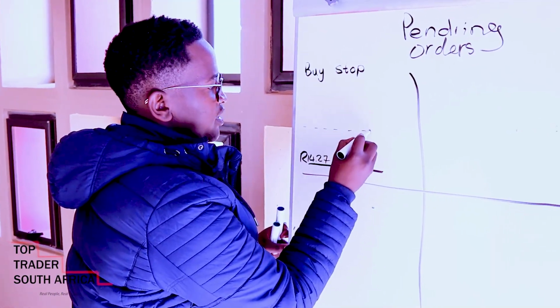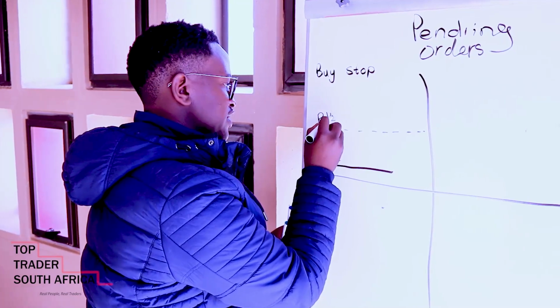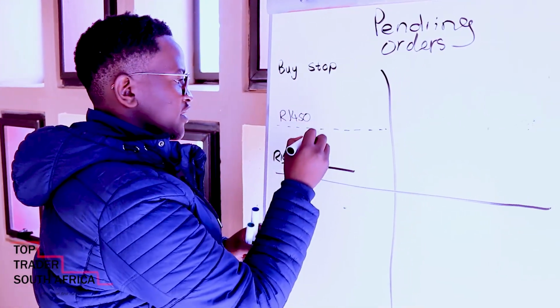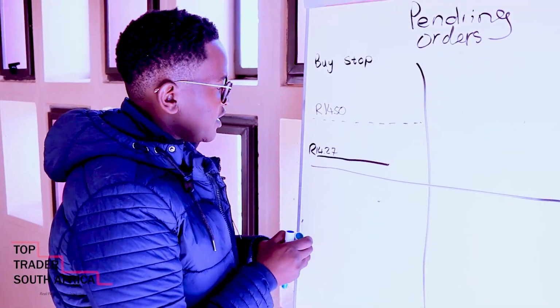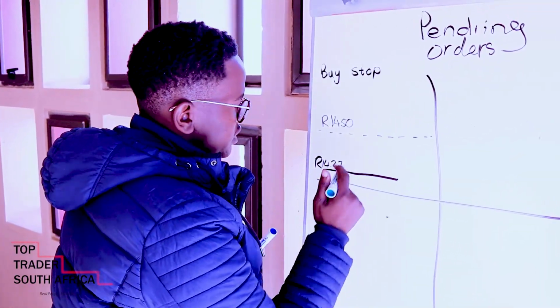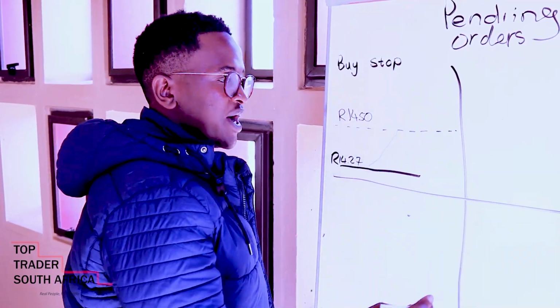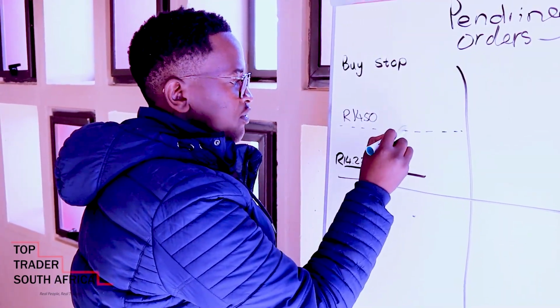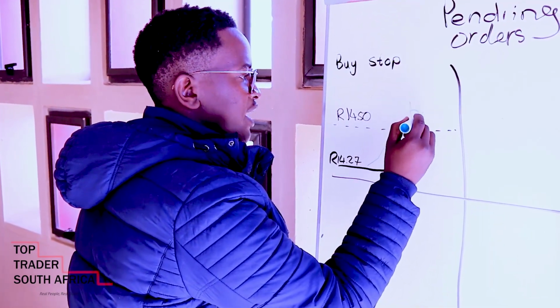But you believe that if it can reach a price of 14.50, this market will continue going up. What will happen is you'll set a pending order here. So you'll say, as soon as market reaches this order, please buy for me. That's a buy stop. When market reaches this place, then the market will automatically buy for you.